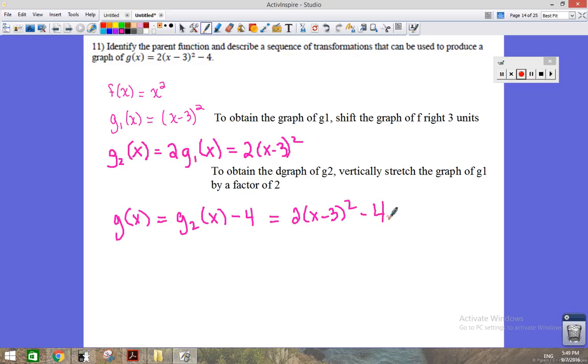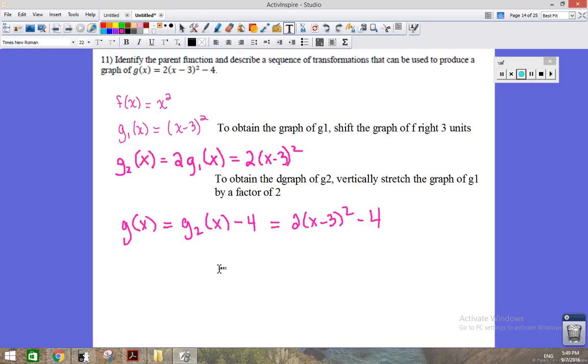So to obtain our final graph, and our final graph we're calling G, we shift the previous graph, which we just numbered 1, 2, we shift the graph of G2 down 4 units.